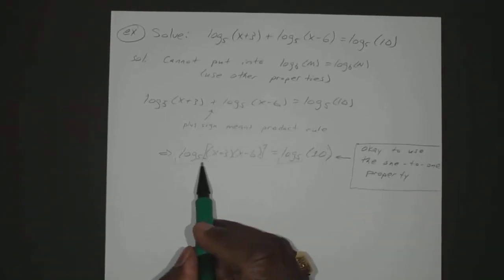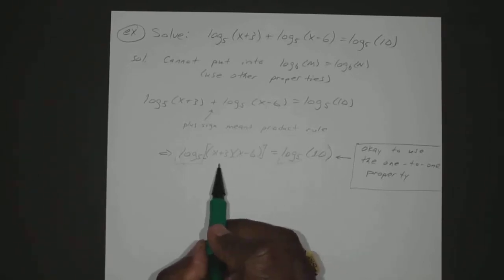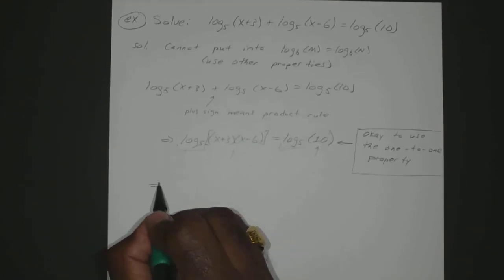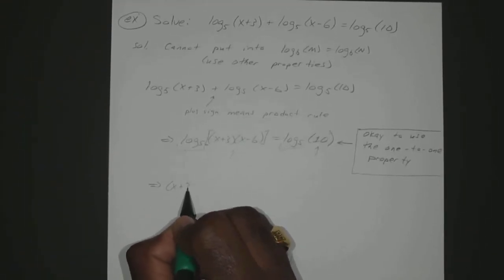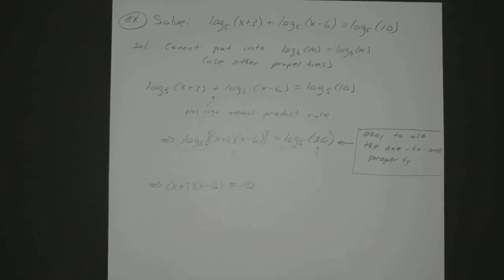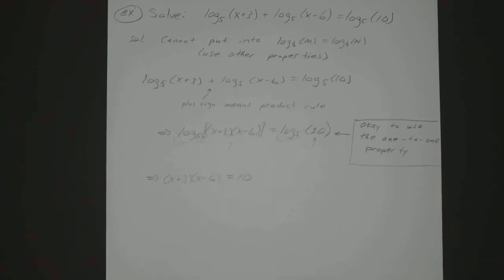Since you have log base 5, what's in here has to be equal. So that means that x plus 3 times x minus 6 has to equal 10 for that to be true. Okay. So now we just solve for x.